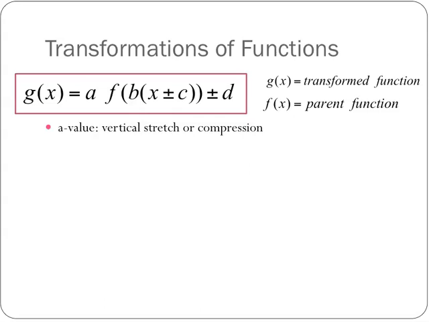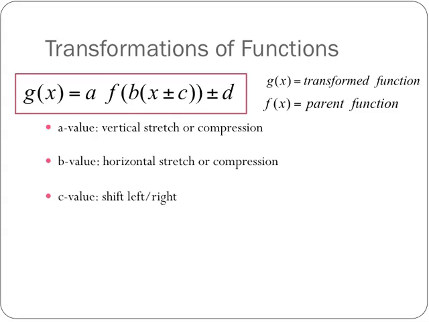You may have also learned this as a vertical stretch or shrink, so shrink and compression would be the same. The B value corresponds to a horizontal stretch or compression. The C value has to do with shifting left or right, and the D value has to do with shifting up or down.